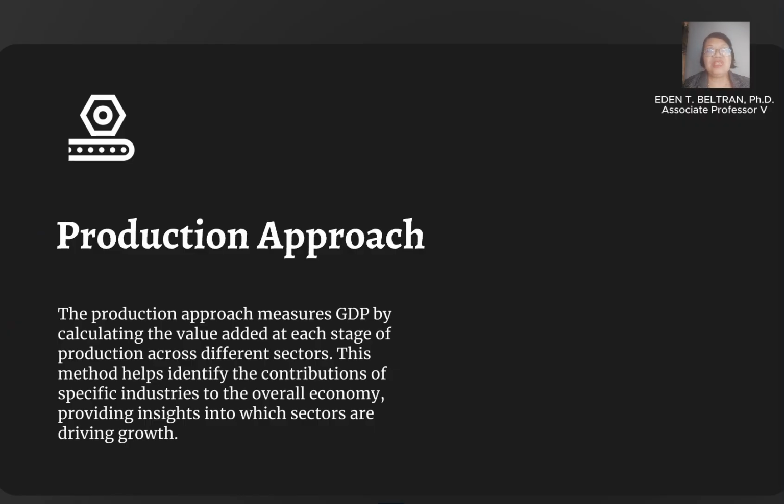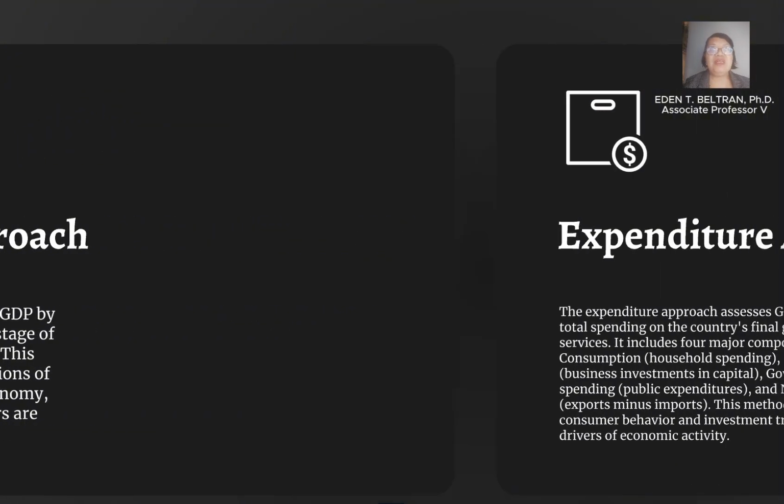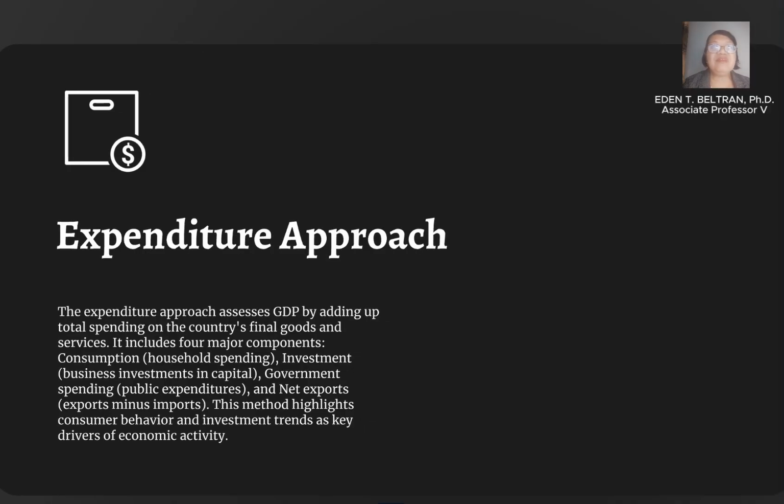Production approach adds all the values produced by different sectors. While in the expenditure approach, you're looking at consumption, investment, government spending, and of course net exports. Like when we import, we have to subtract the total amount of imported product value from the export.